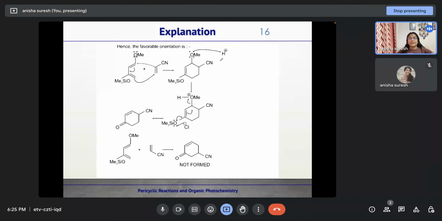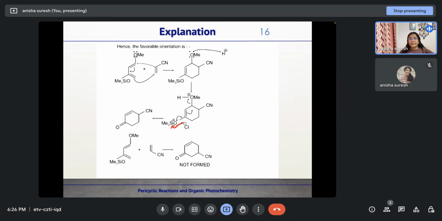And now we are treating it with aqueous acid. So this OMe will be getting protonated, and the Cl will be taking this SiMe3, as these halides like silicon.